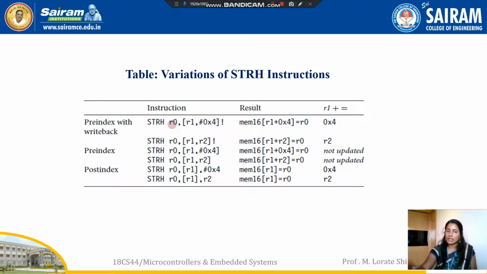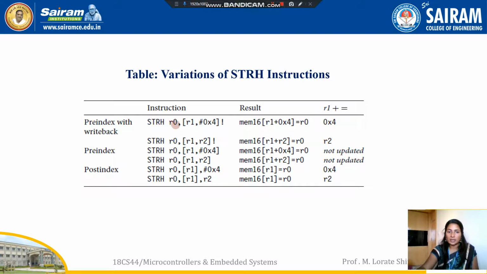Here also, same thing, pre-index with write back. To store the content of R0 we need memory. How to find memory in pre-index with write back? By adding R1 and 4. When we add, we get one memory location.